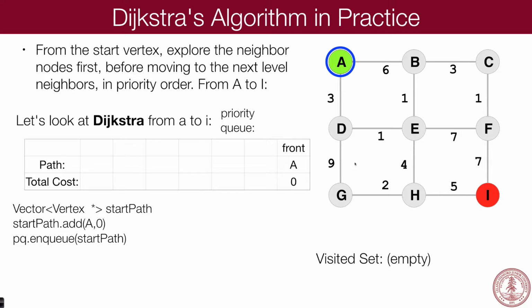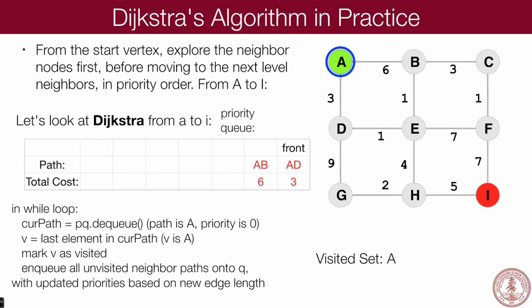Okay, so we're trying to get from A to I, and we're going to start by enqueuing the path of just A, which has so far a total cost of 0, because there are no actual edges to calculate yet. Okay, then we go into the while loop, and in the while loop we dequeue A. That was the first one we had on there.